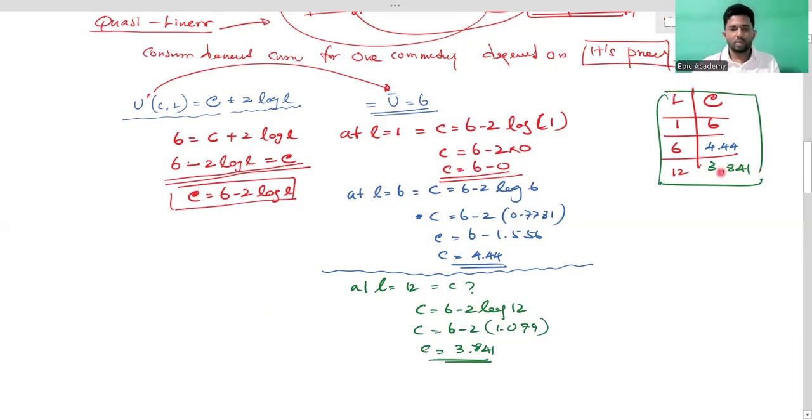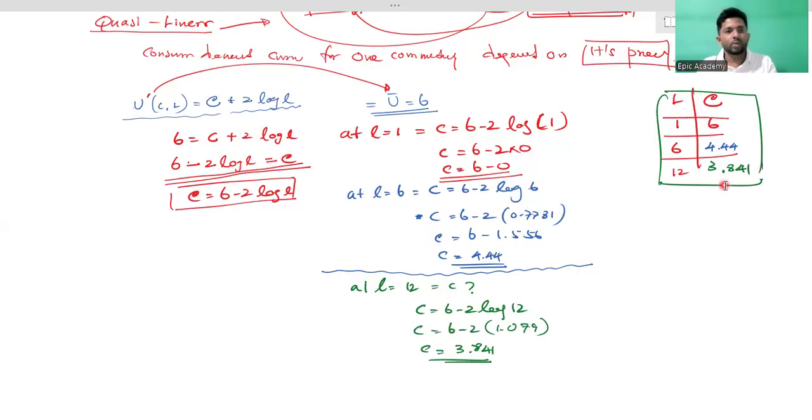Okay, calculate each and everything. When L equals 1, C becomes 6. When L equals 6, C becomes 4.44. When L equals 12, C becomes 3.84. All the bundles are found here.